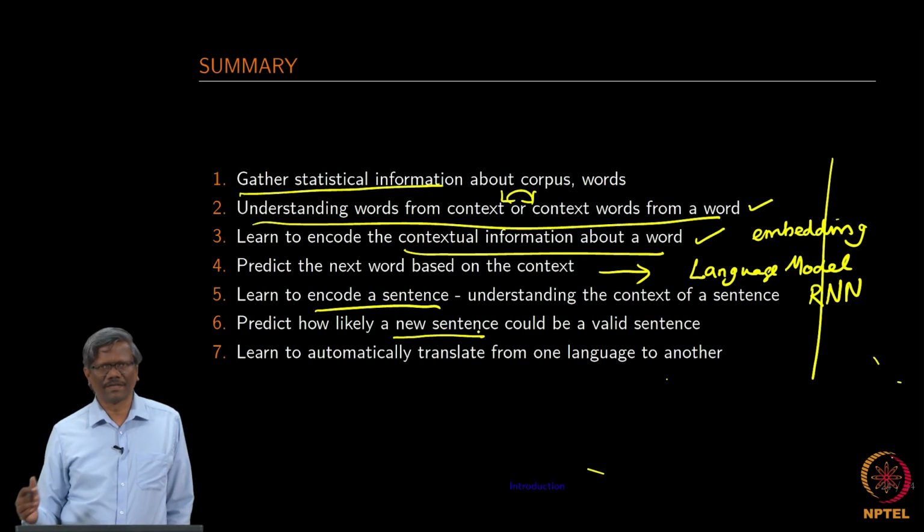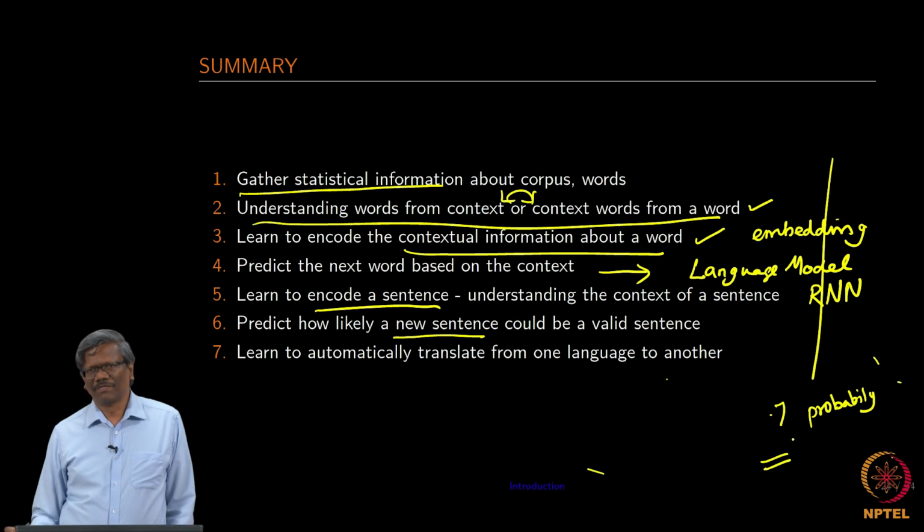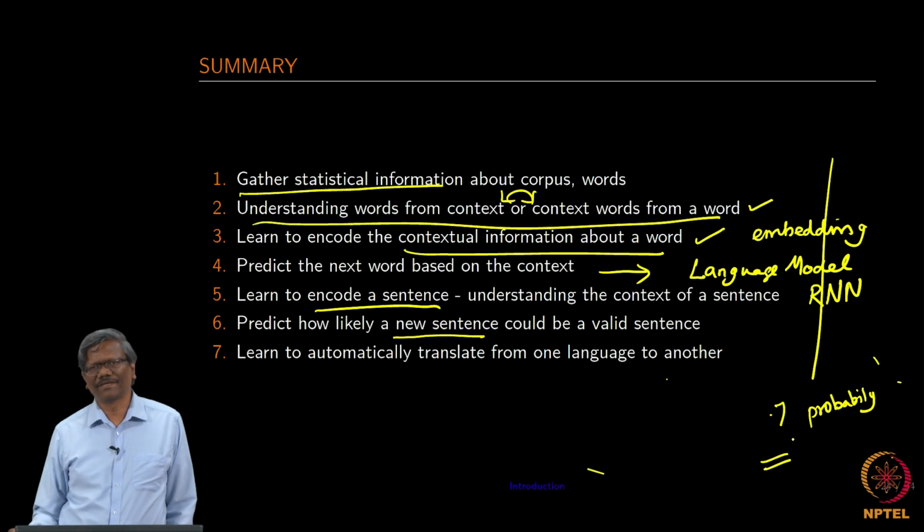Suppose you input a new sentence, and the machine should be able to say that okay, it is 0.7 as the probability. That means this sentence is highly probable, and it is well formed based on what it had seen earlier in the corpus. So, that sentence could be passed as a sentence that is legally valid in terms of syntax.